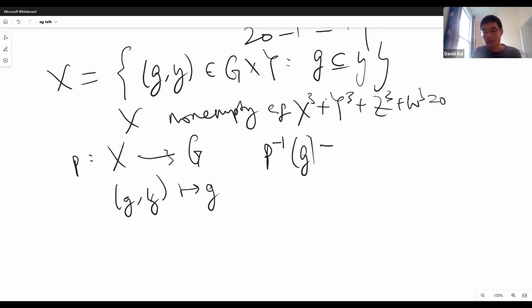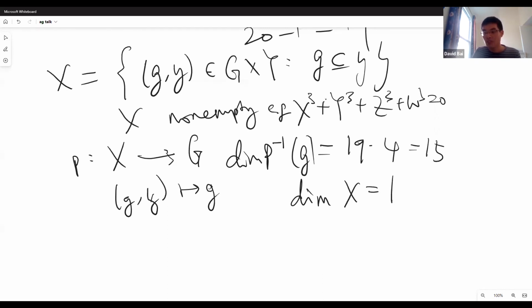And there are 4 of them. So the dimension of this is going to be 19 minus 4, which is 15. And my first heuristic, dimension of X, would be dimension of G, which is 4, plus 15, which is 19.